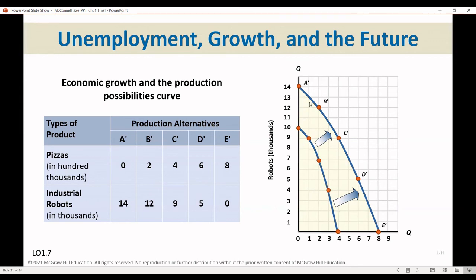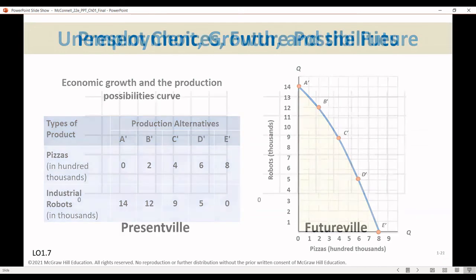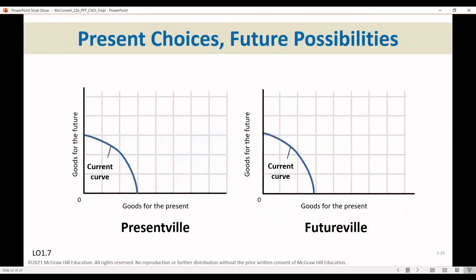Now we have more flexibility, and we can produce all the way to the second production possibility curve. So we can produce more, and the economy grows. Another way to say it, you can see the concept of growth by changing any of those assumptions.